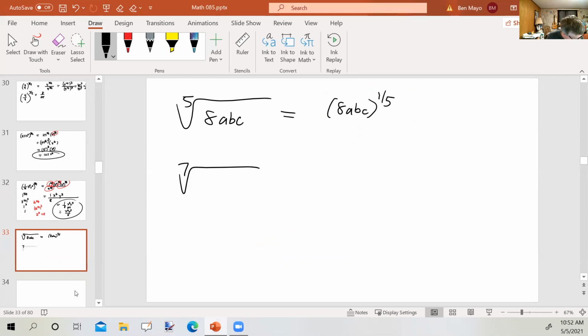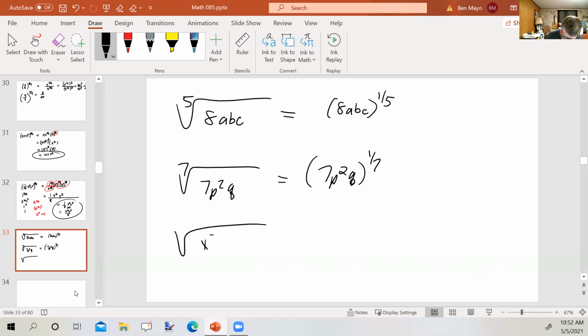The 7th root of 7p squared q would be 7p squared q to the 1/7 power. The square root of the quantity x squared plus y squared would be the quantity x squared plus y squared all to the 1/2 power.